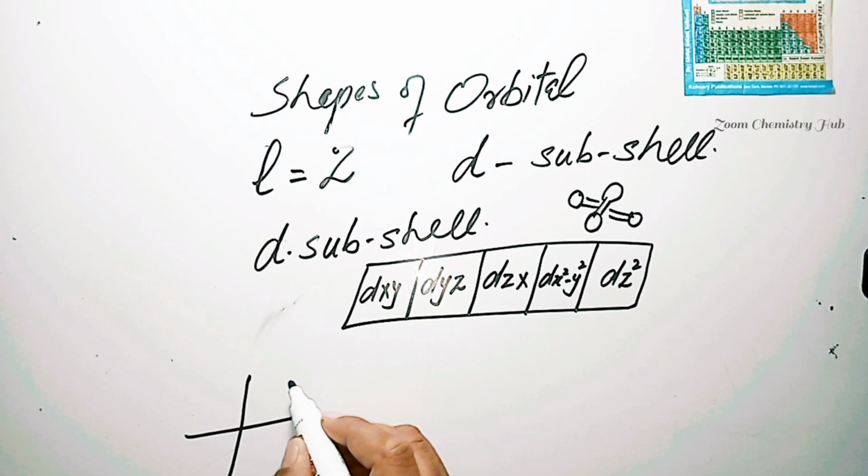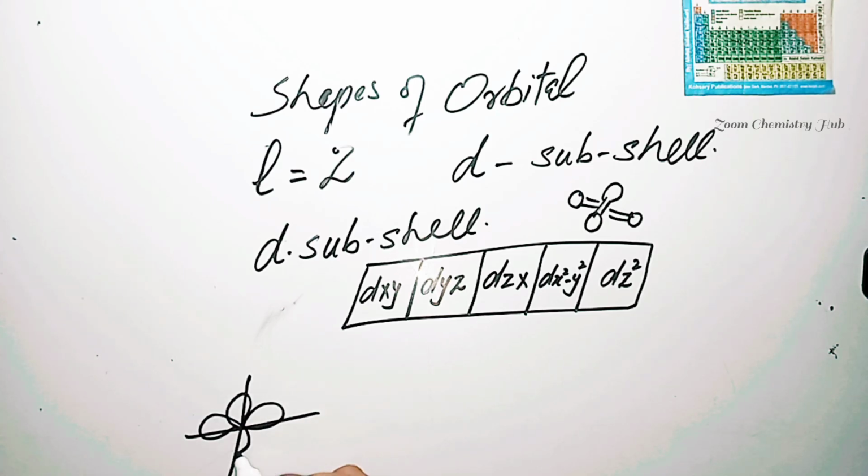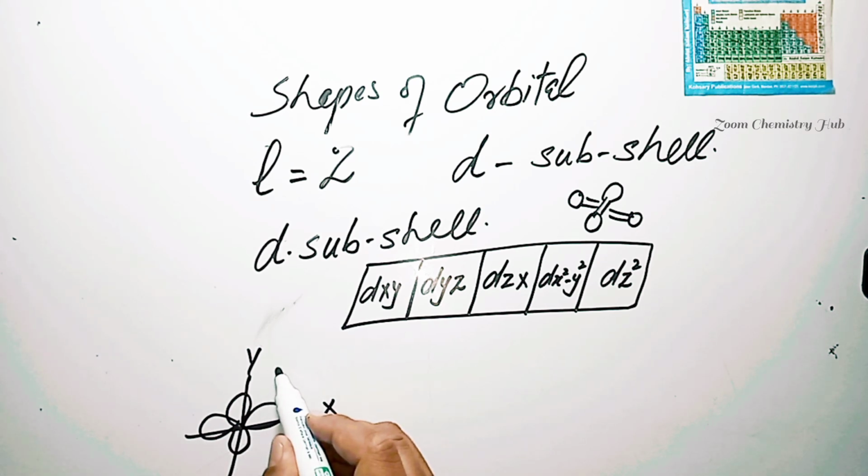And similarly, if we see the dxy shape, then it has x and y axes, and their lobes lie between the x axis and y axis, that is dxy.